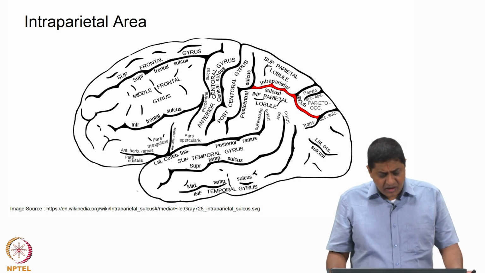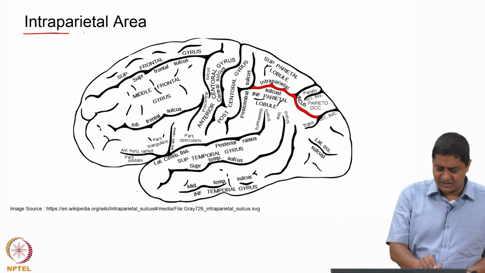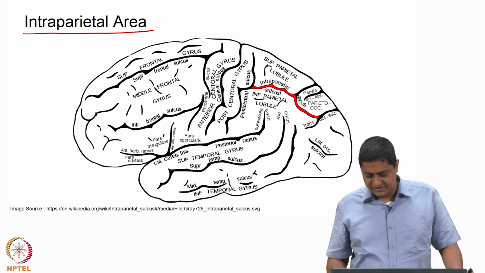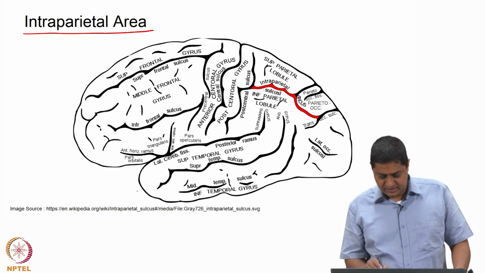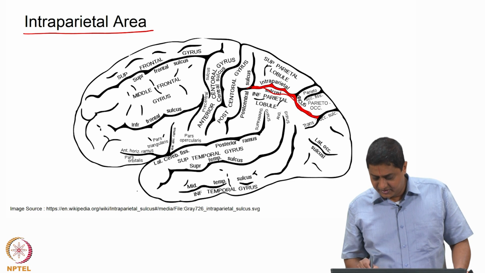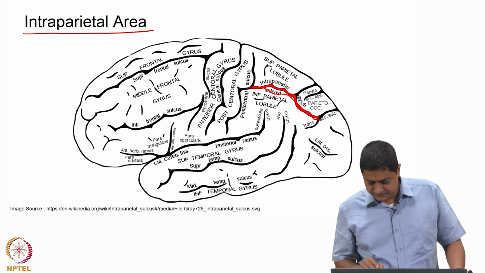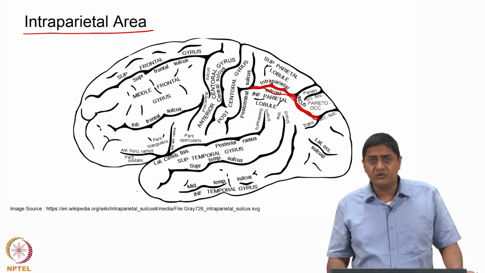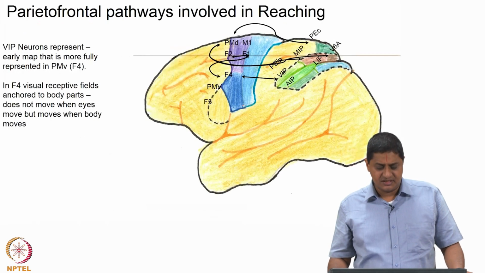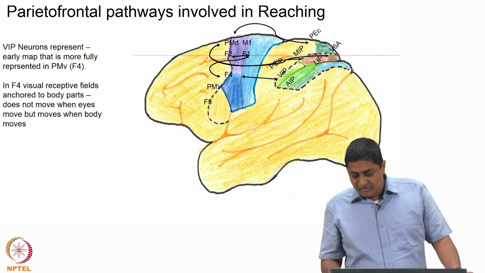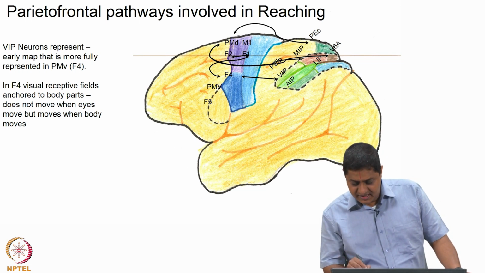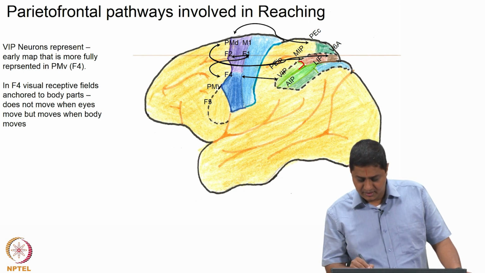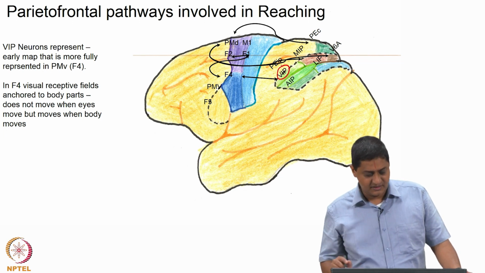Of particular interest for us in this discussion is the intraparietal area. Specific regions within the intraparietal region contribute to specific functions, something that we will very briefly discuss in this class. For example, there is an area here that is called the VIP area.